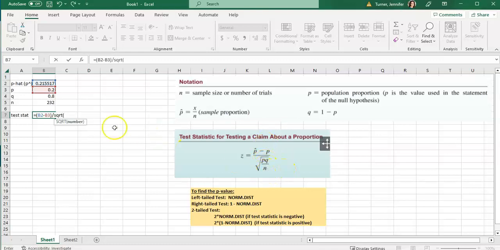Under the square root, hence inside the parentheses, we're going to have P times Q divided by N.